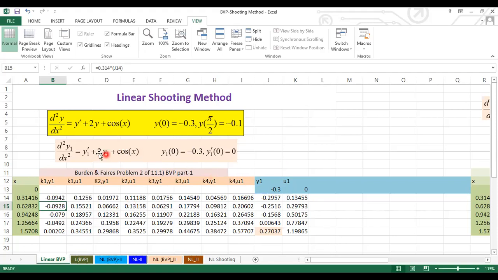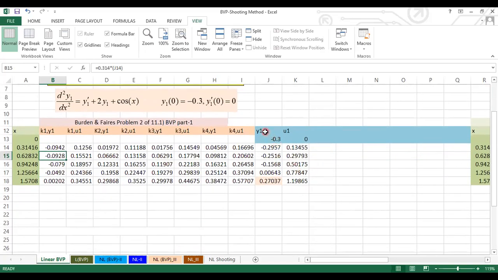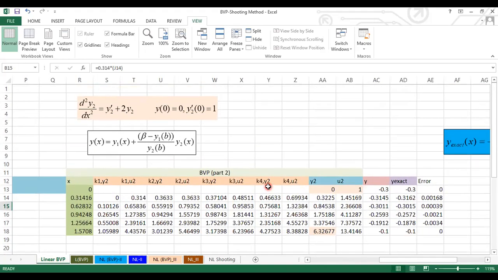So for the first initial value problem, we have the solutions in the cells below Y1, with titles for identification Y1, U1. Similarly, we will solve the second initial value problem. The second initial value problem does not consider the term R of X, and so we have to solve the problem with any of the methods.